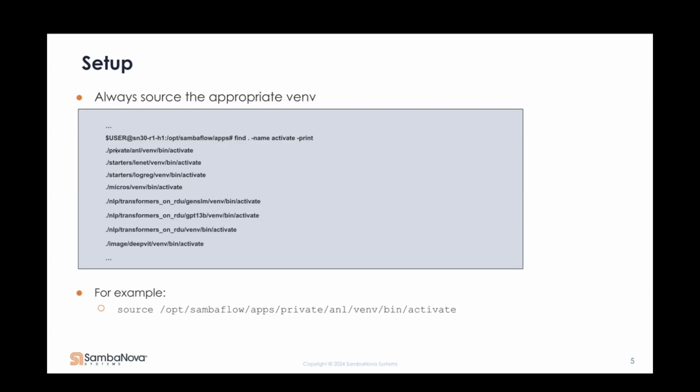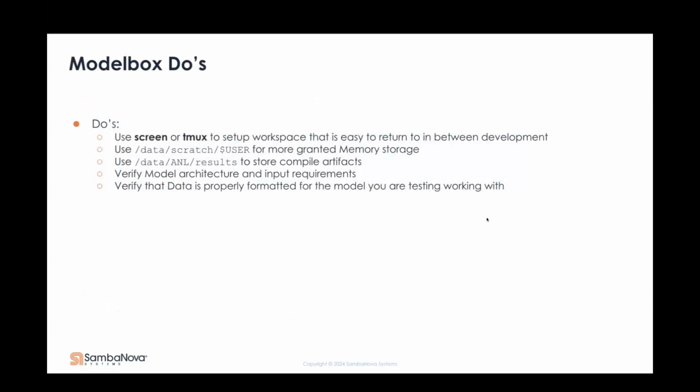If you are using a privately developed model from ANL, you can grab that environment from there, NLT, NLP, and images. Then you can use your source command to activate that environment. No script is actually needed, but make sure that you have the appropriate libraries and calls to be able to use and work with these models without any issues.